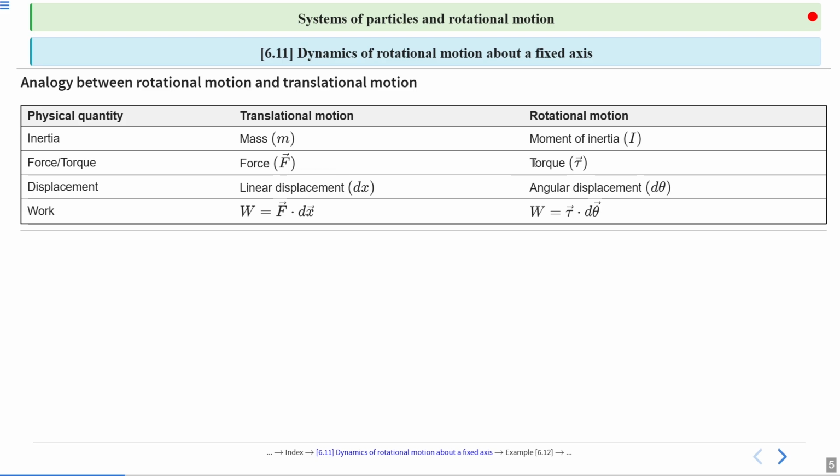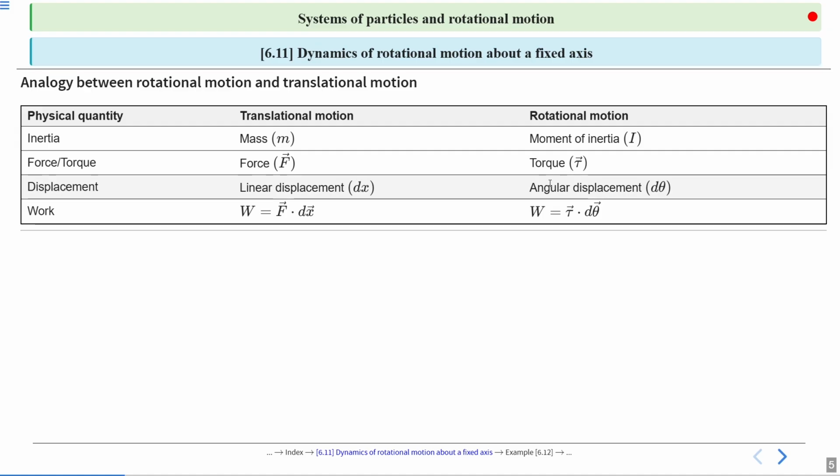Next is displacement. In translational motion, displacement x, or dx, measured in meters, shows how far the object has moved in a straight line.